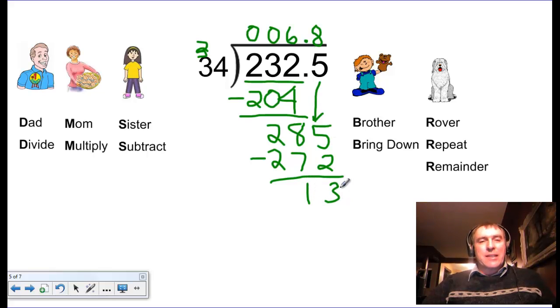This number is less than 34, so we know that's good. Rover is telling us to repeat if we've got another number, but we don't have any more numbers, so we're done. This is, in fact, our remainder. And so we end up with 6.8, and we put the R remainder 13 up top.